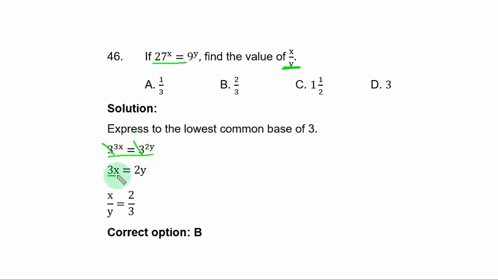That is 3S equal to 2Y. You are to get S over Y. Now, you have to do two things. For you to get S over Y, you need to divide through by Y first. So, you divide through by Y and divide through by 3. If you do that, you have S over Y equal to 2 over 3. The correct option is B.